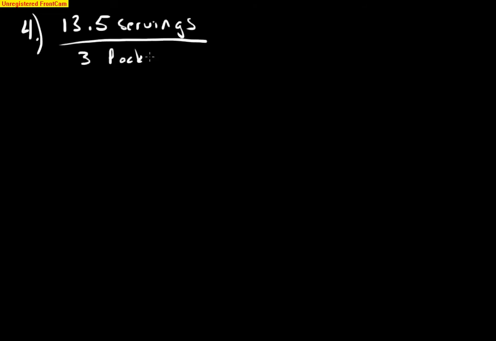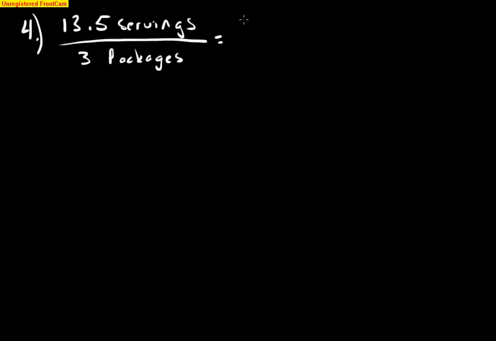Okay, so on this one, we're going to say we have 13.5 servings, and we're going to put that over 3 packages. So what that's saying is that for 3 packages, it serves 13.5 people, I guess.